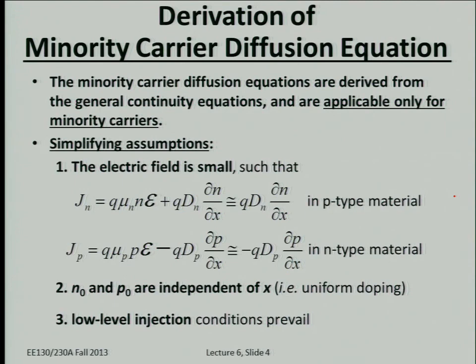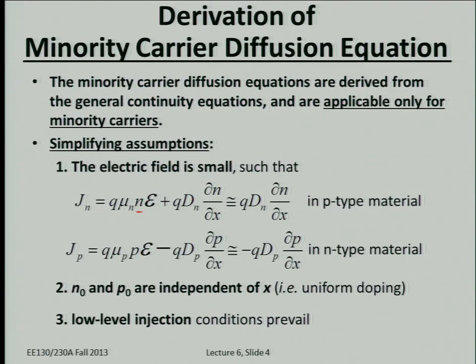Okay, so there's two. If we only want to keep track of minority carriers, and not worry about the flow and concentration of majority carriers, for certain types of devices it's sufficient to only keep track of the concentration of minority carriers. Then we can simplify the continuity equation because the minority carrier concentration is small, orders of magnitude smaller than the majority carrier concentration.